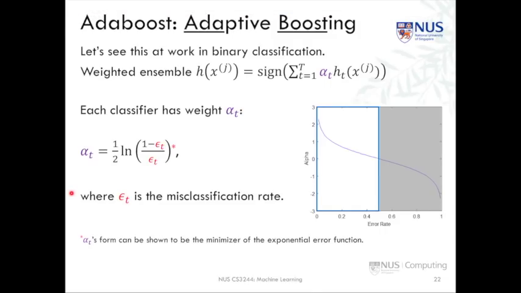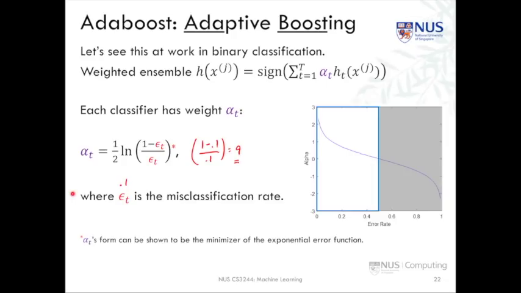Let's examine the case where the misclassification rate is fairly low, for example 0.1. In this case, let's investigate what we would have in our parentheses. We'd have 1 minus 0.1 over 0.1, or 9. So that's a fairly large number.